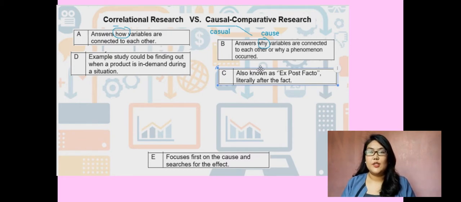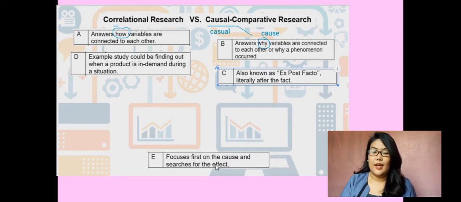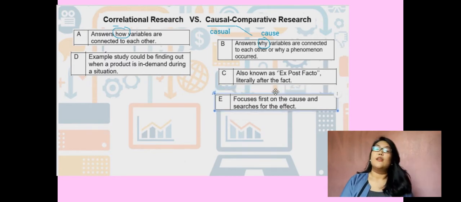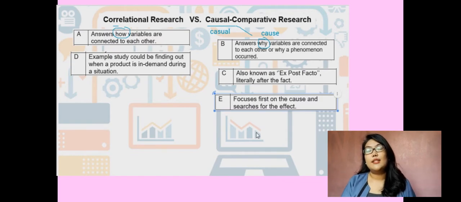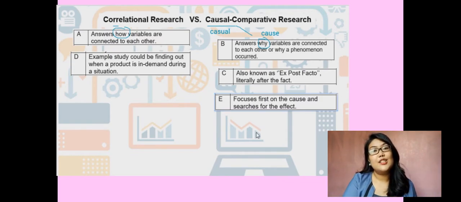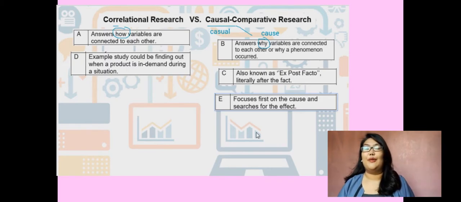Okay, again, so you compare it from the past and then now. Ano yung naging result? Alright, there you go. So it boils down to the last one here. It's because you are finding the result here, the effect. Focuses first on the cause, okay, and then searches for the effect. There you go. Causal comparative.